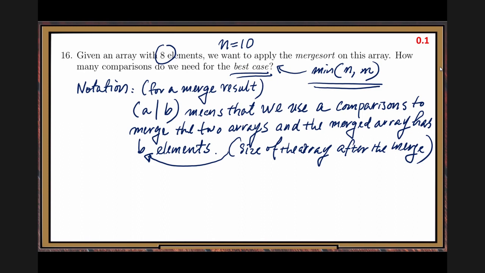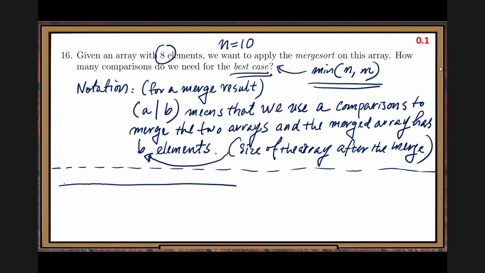Let's do the 10-element array merge sort. First, I split because of the 10 elements: 1, 2, 3, 4, 5, 6, 7, 8, 9, 10.